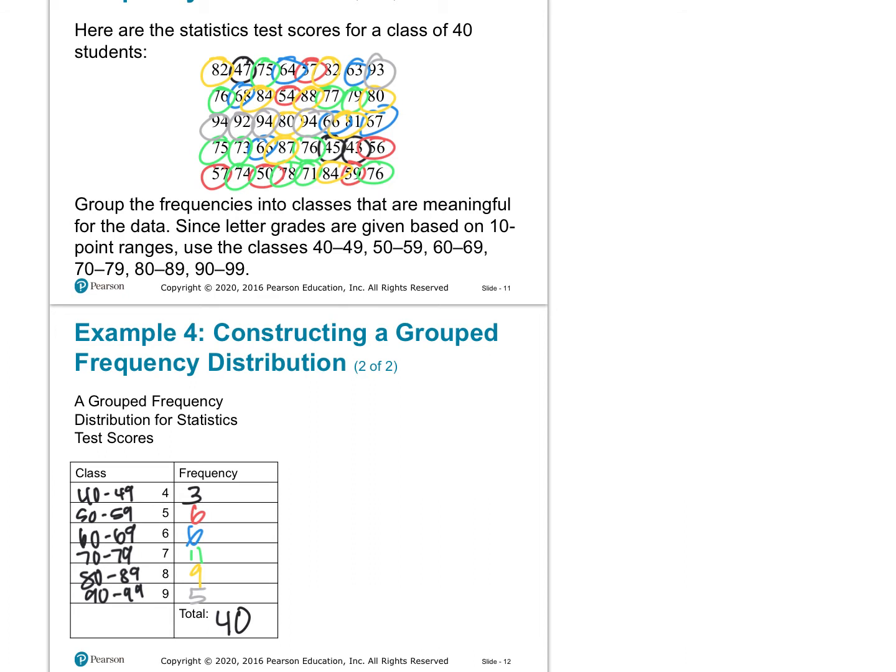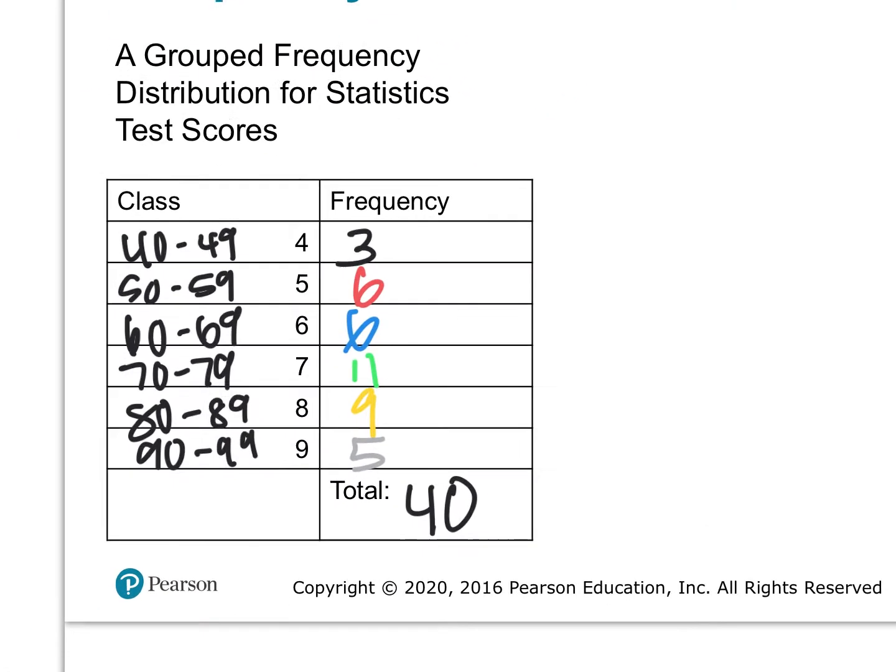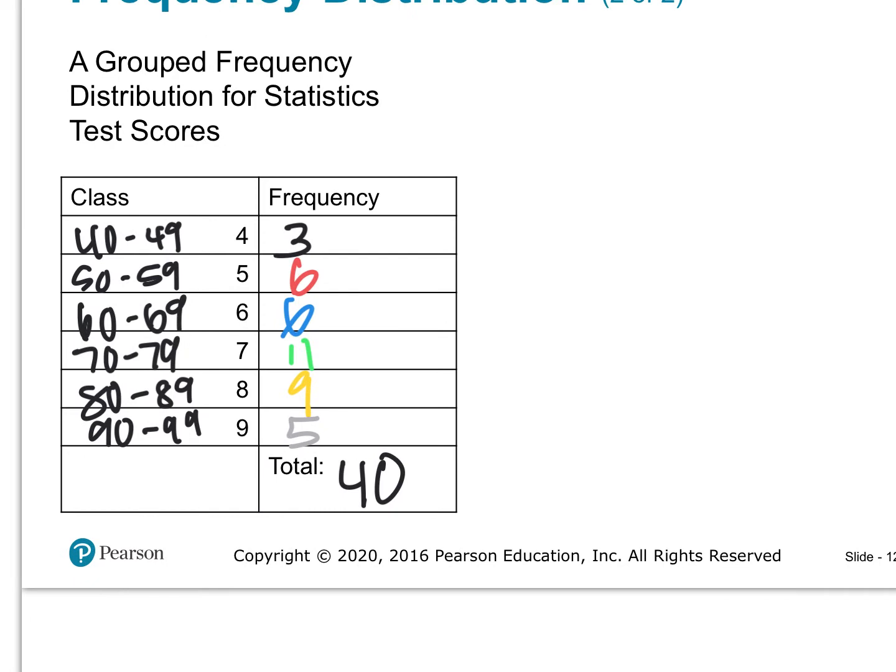So then you want to look at what that would mean. Your lowest scores were from 40 to 49. Your highest scores, there were only 5.